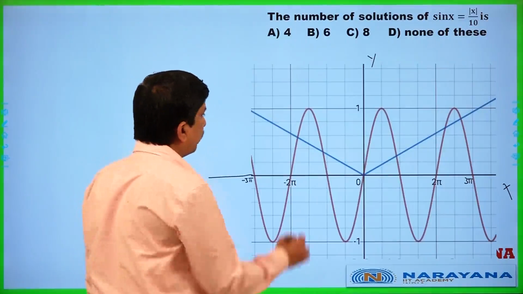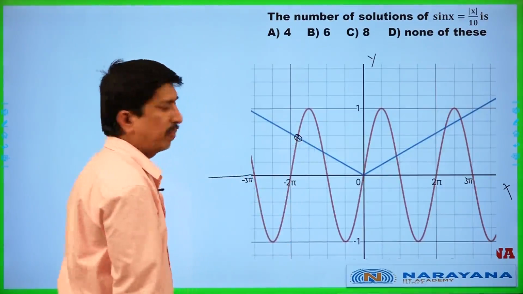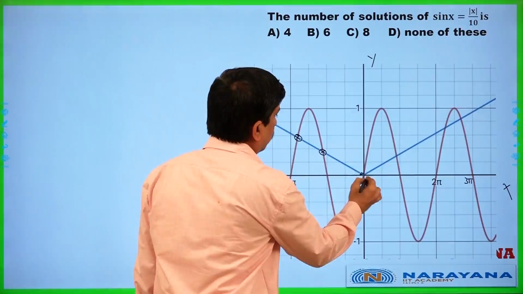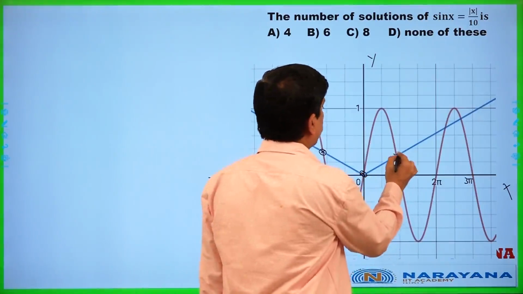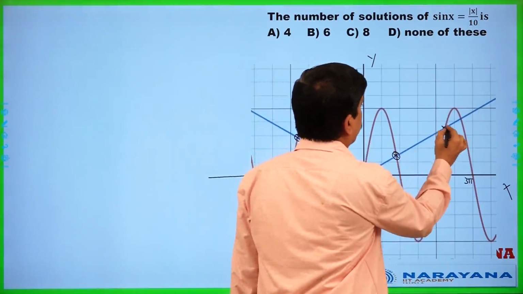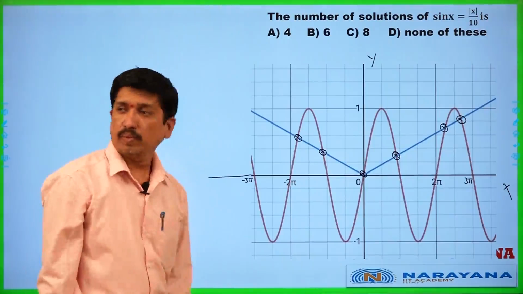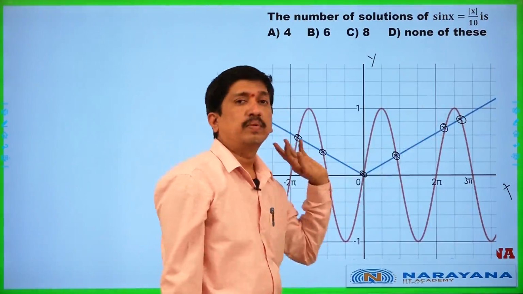The number of points of intersection: here one point is there, here the second point, here the third point, here the fourth point, here the fifth point, here the sixth point. How many points are you getting? 1, 2, 3, 4, 5, 6.